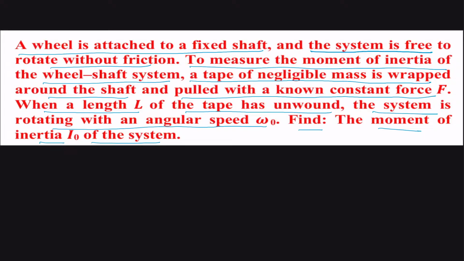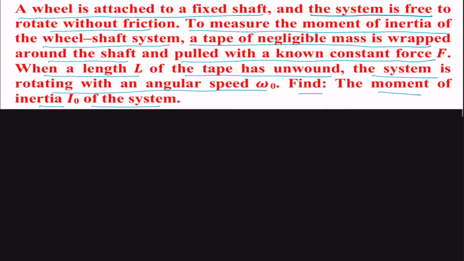So this is a shaft wheel system. We can just draw an approximate figure. Suppose this is our shaft, and around it we have a wheel, and around this shaft we have this tape wound.